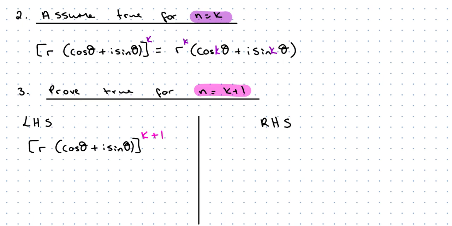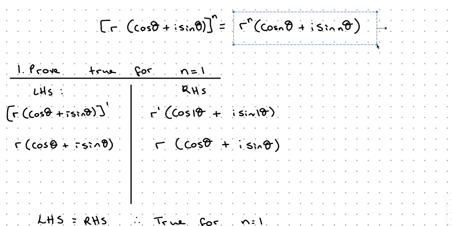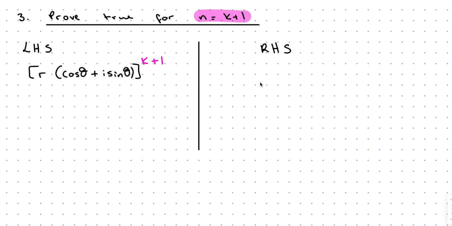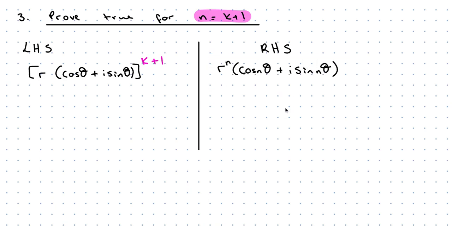For the right-hand side, just to make it ultra clear, I'm going to take out all the n's and replace all of those n's with k plus 1. I'm going to need a little bit more space here, and a little bit more space here. So I'm filling in k plus 1 and k plus 1 again here.